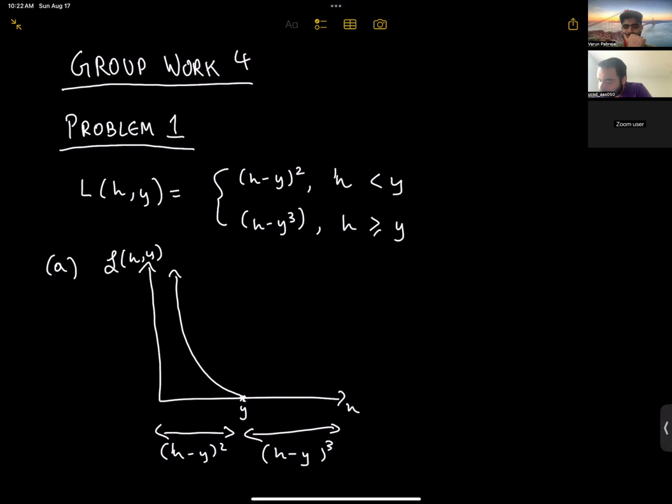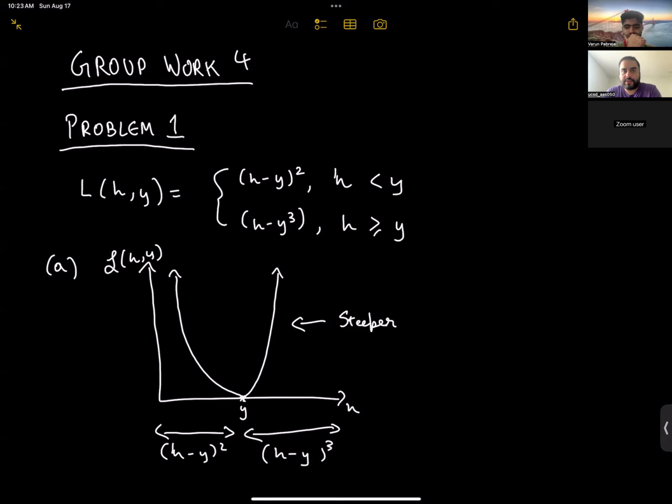So it would be something like this, where the right side is steeper than the left side, because the cubic function is steeper than a quadratic function. So that's what the graph of the loss function looks like as a function of h.